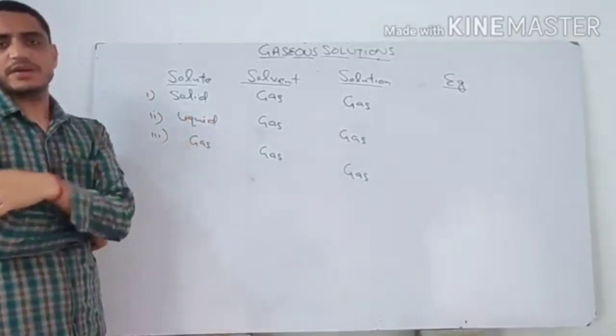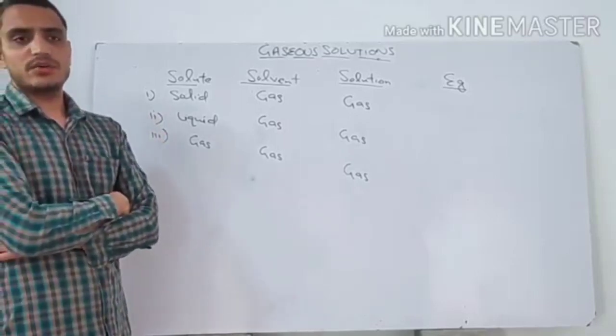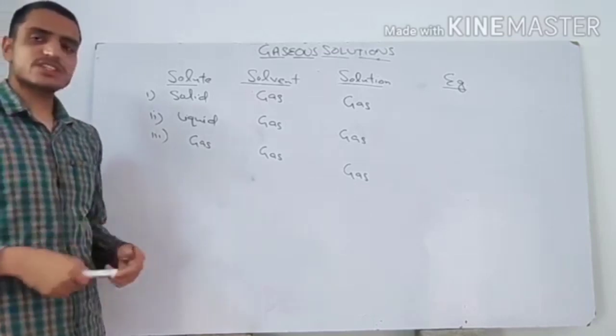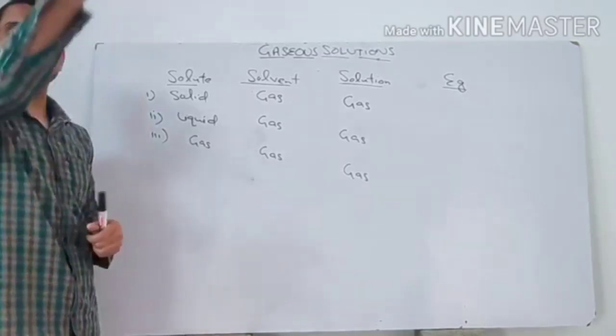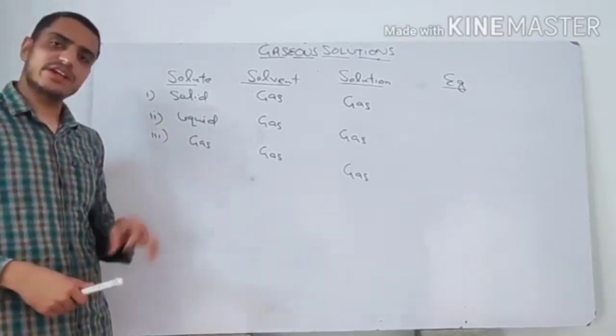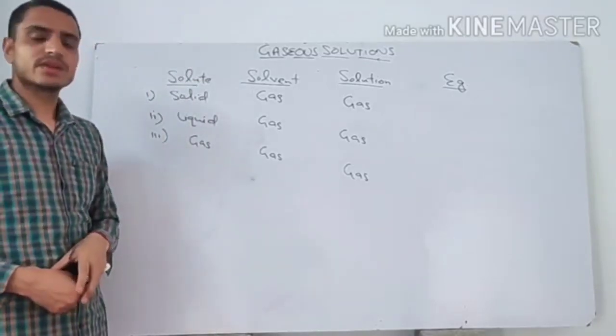Or a more relevant example, which you have seen in your daily life. When you burn firewood, or when combustion of carbon compounds is there, if the oxygen supply is not sufficient, then the unburnt carbon particles move in the air. Those are solid particles. They get mixed up in the air.